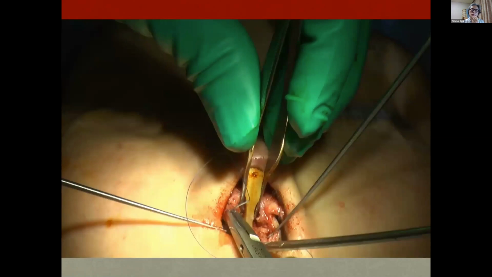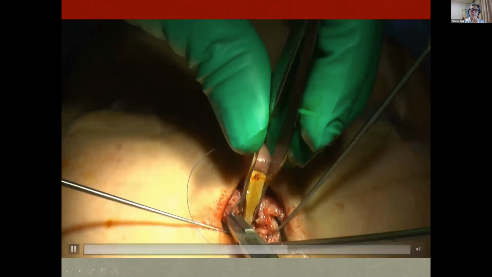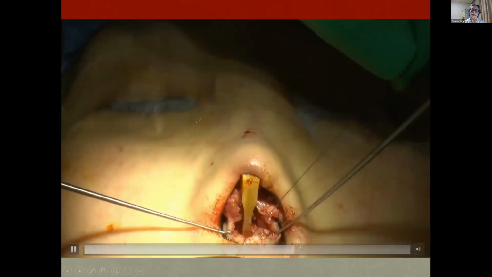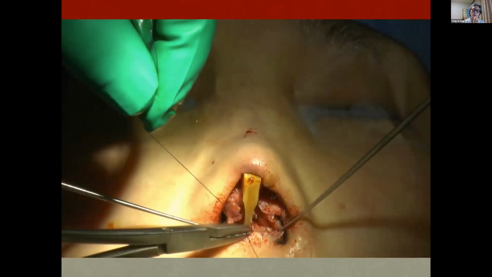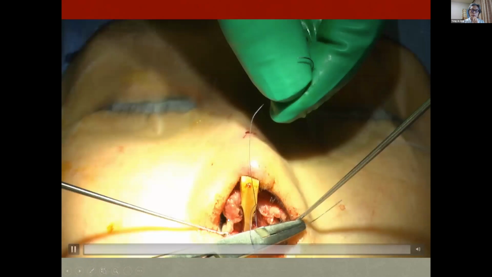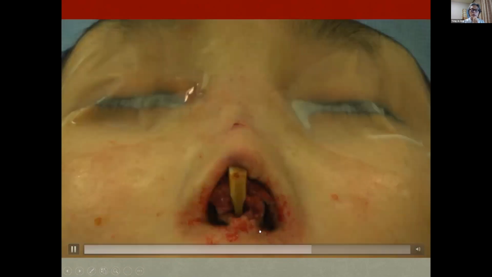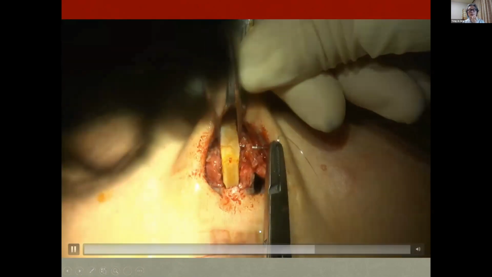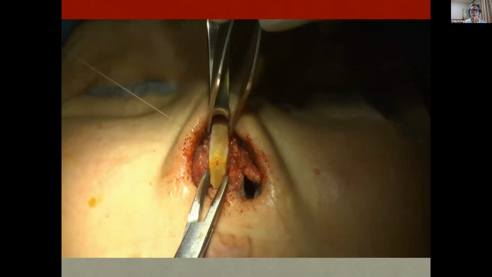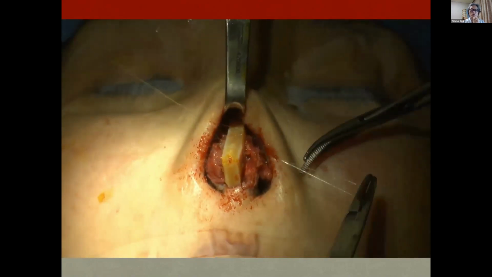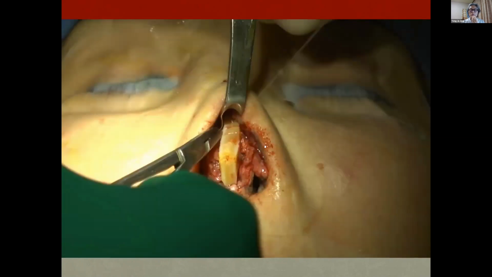It looks yellowish because I put it in betadine. And I made every effort to stably and firmly fixate and secure this caudal part to the nasal spine. And then I'm further stabilizing this L strut with some soft tissue around the upper lateral cartilage.